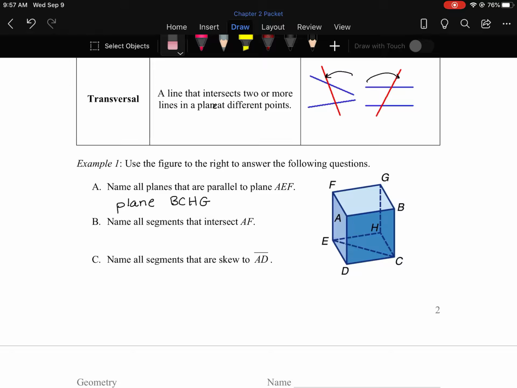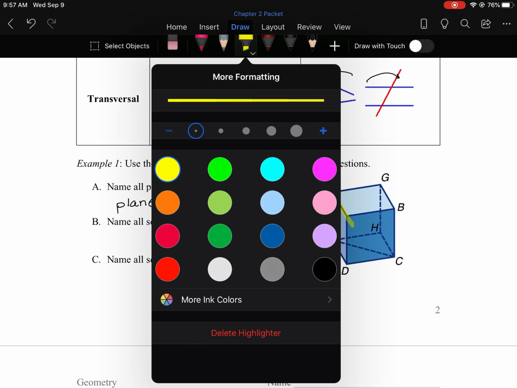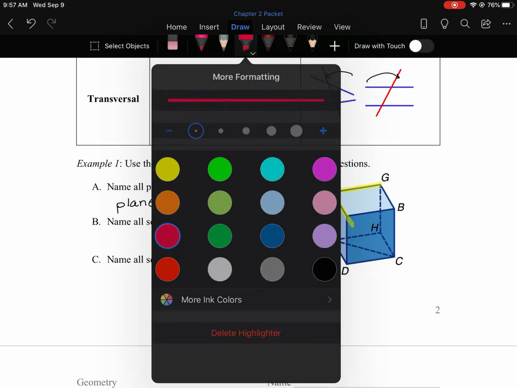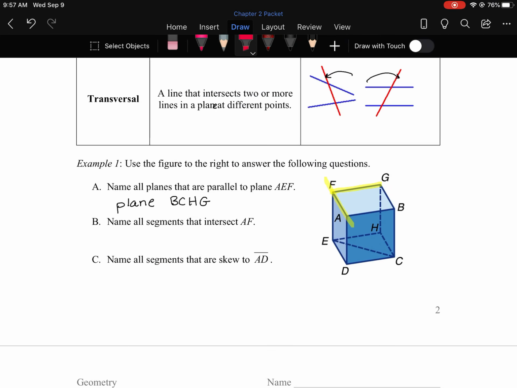All right, part B says name all segments that intersect AF. So AF is here, and I'm going to extend it past so we can see. So segments that intersect that. Well, I can see right away that FG intersects it.